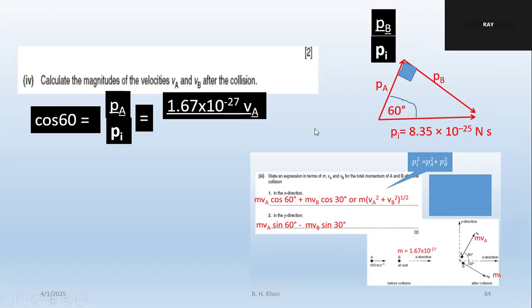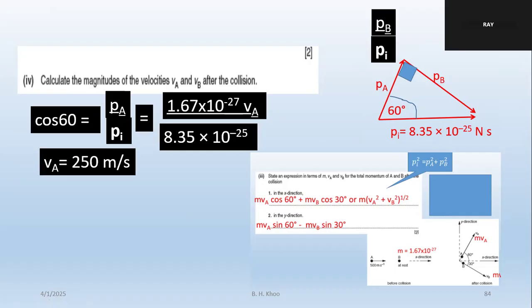Any method you want to use to solve is up to you. Put in the value, calculate out. VA is 250 meters per second. That's your PI. That's your mass. That's your VA.